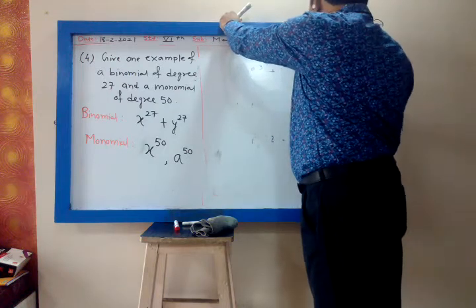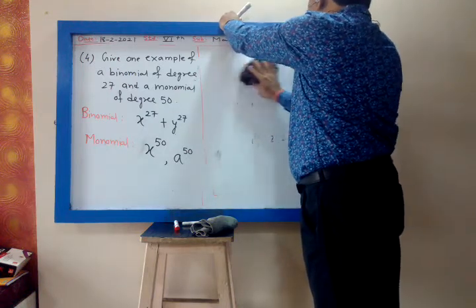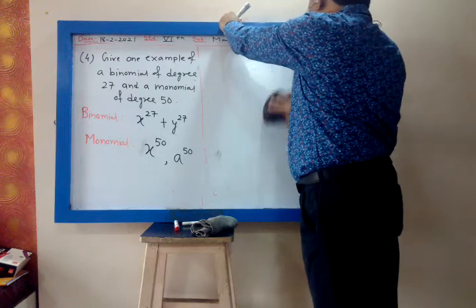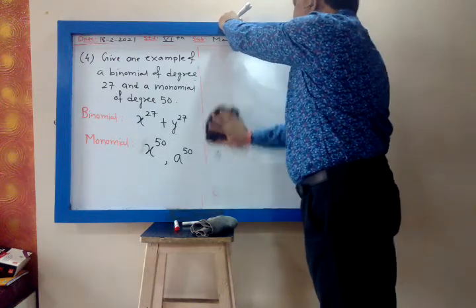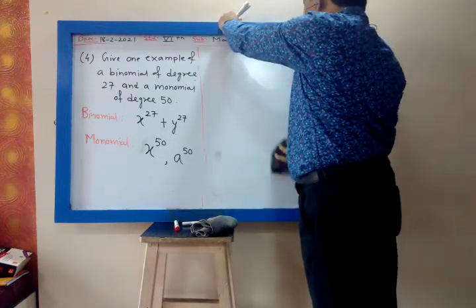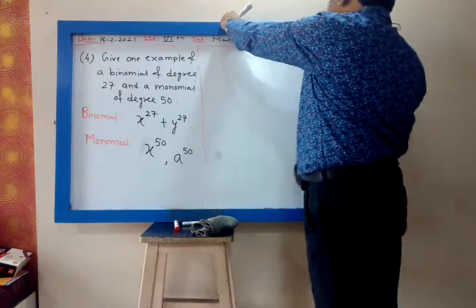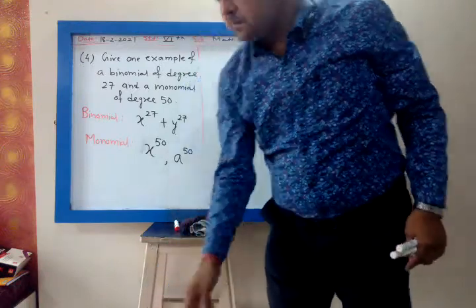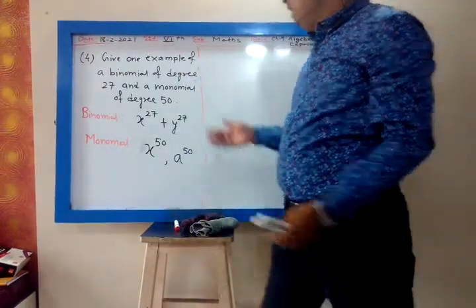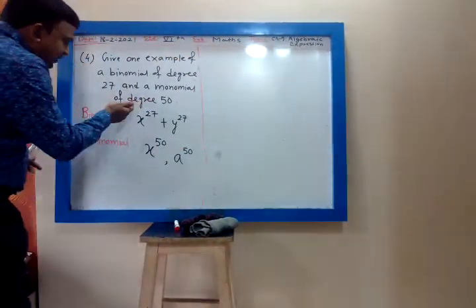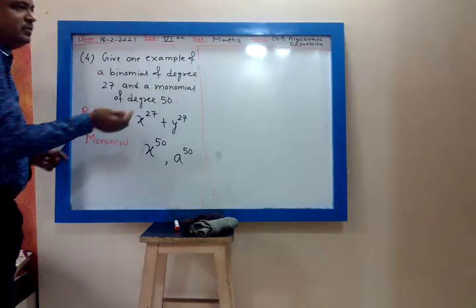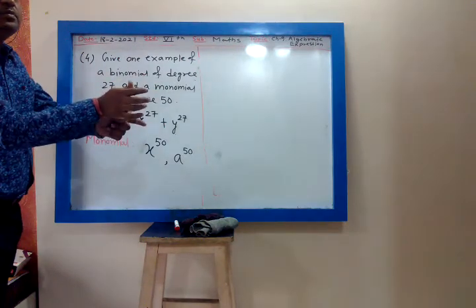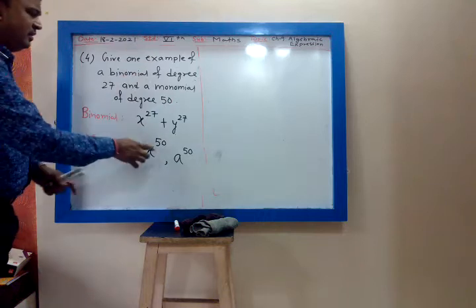No, my dear, you have to write the polynomial, you have to write down the monomial. Monomial means 1 term, and degree 50, power 50. You write 1 term with power 50, that will be a monomial. What is the degree of the polynomial? It is the highest power.